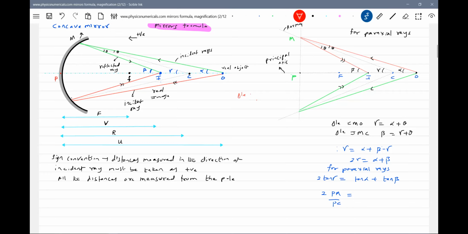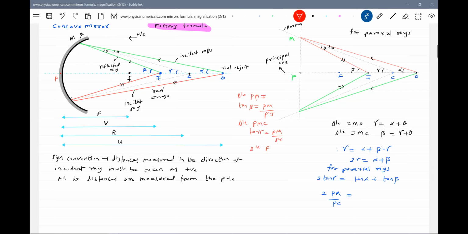Triangle PMI: tan beta equal to PM by PI. Triangle PMC: tan gamma equal to PM by PC.